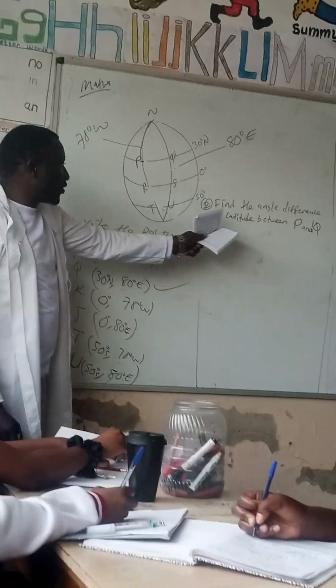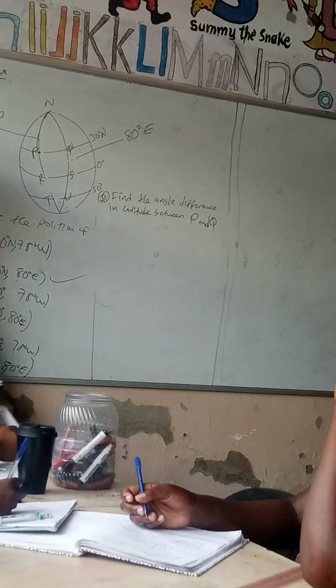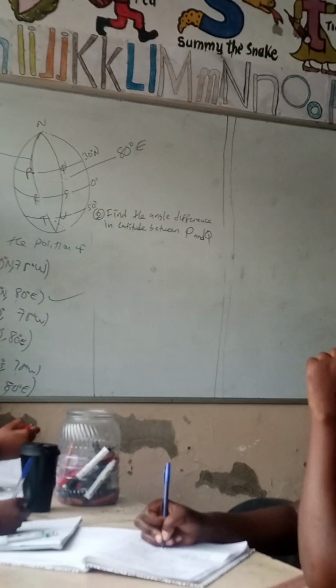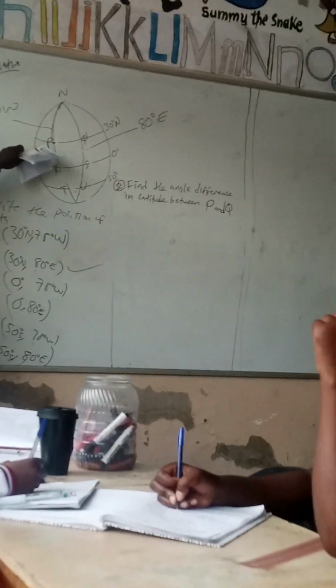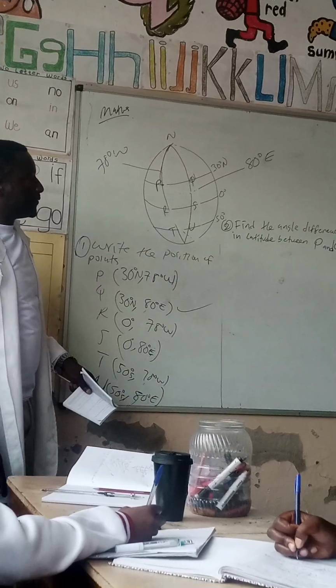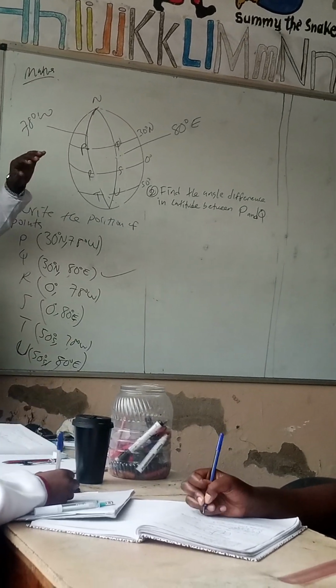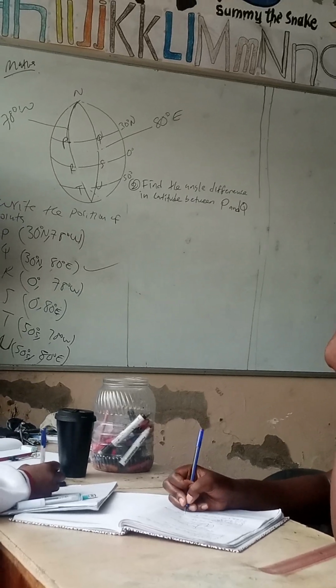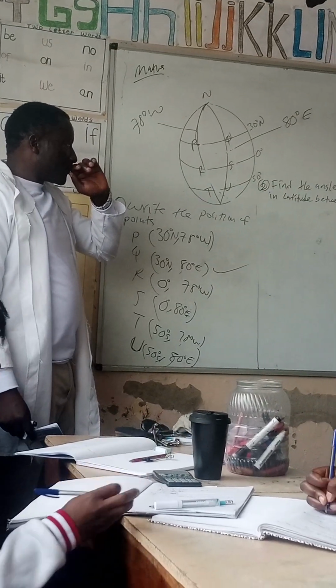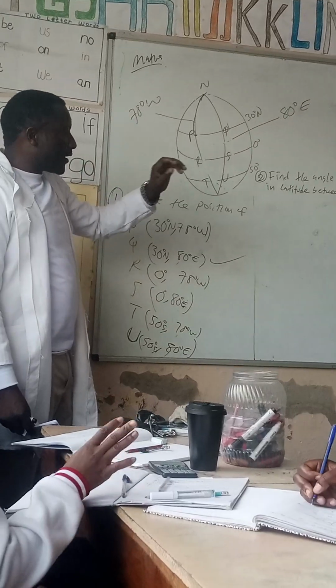Let's go to question 2. Find the angle difference in latitude between P and Q. We're using the same diagram for everything on this topic. There are things that we need to know before we look at this question.